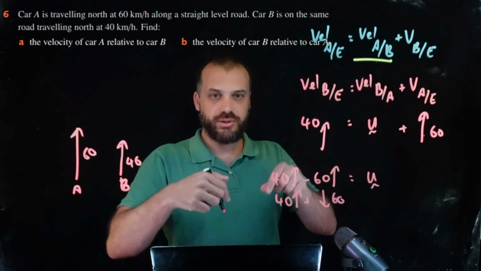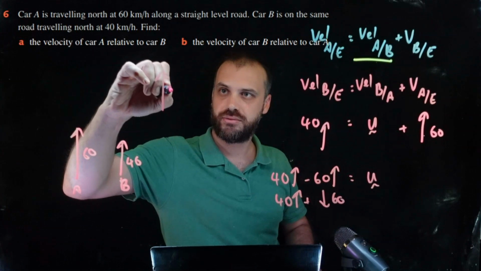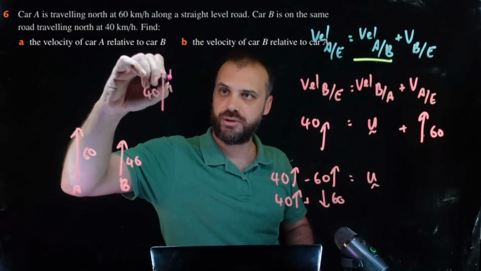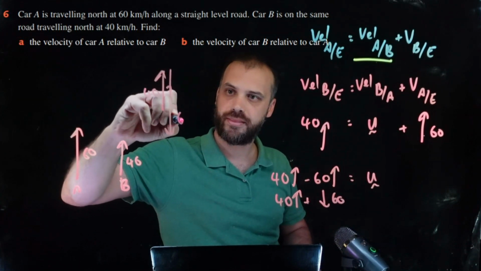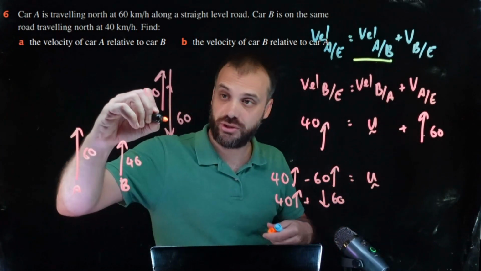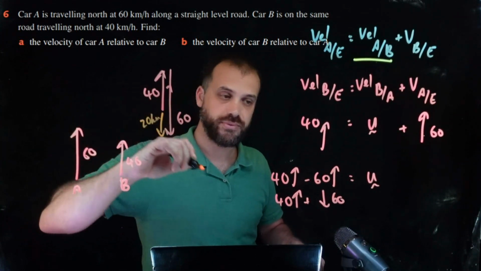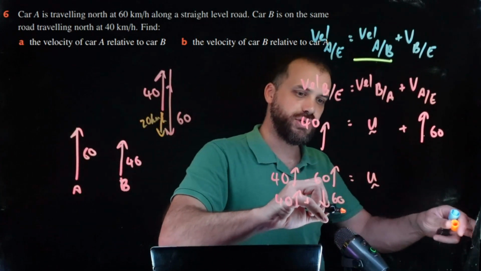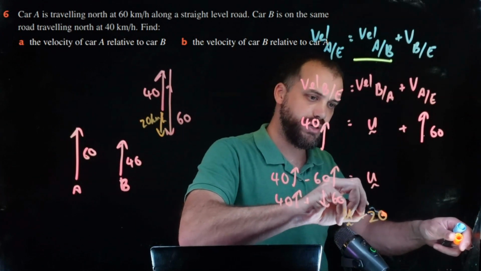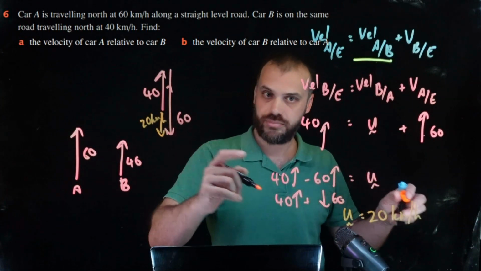Okay. 40 plus 60 down, so we have 40, right there, 40 plus 60 down. That gives us a resultant vector of this one here, which is 20 kilometers per hour. So vector u equals 20 kilometers per hour south.